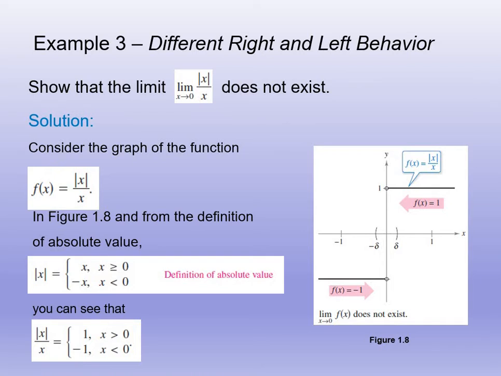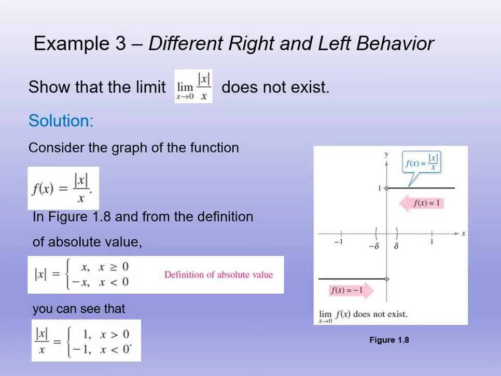So a rule of thumb: the left hand limit and the right hand limit, we're going to get into separate limits later on, but the left hand side and the right hand side, as x approaches c, if they're not the same value, the limit does not exist. So in this case, the limit does not exist. Hopefully that makes sense. Email me or ask me to Zoom if that doesn't make sense.